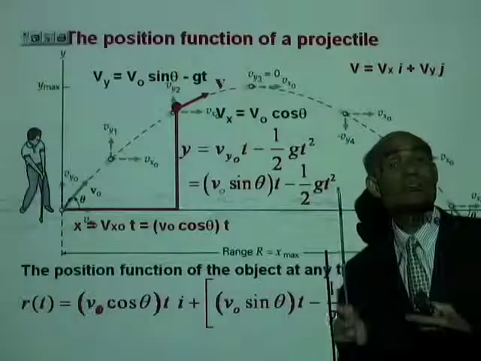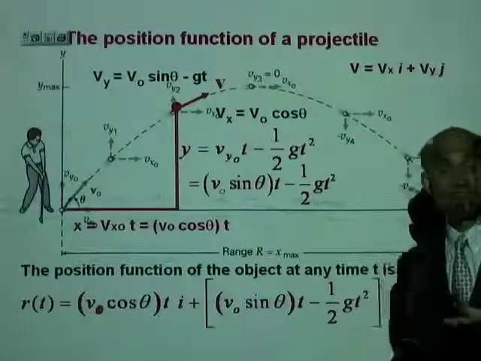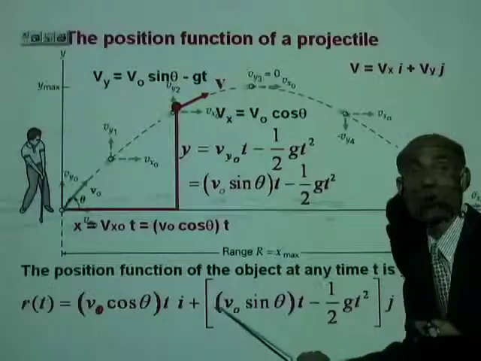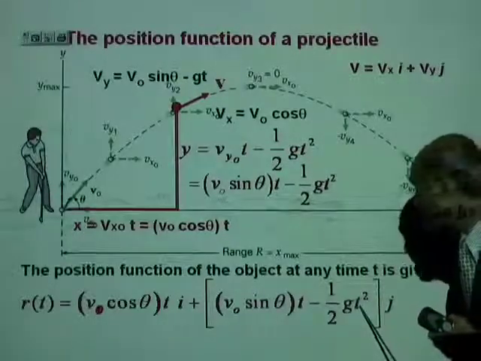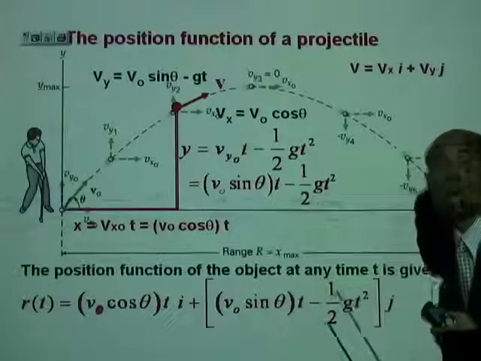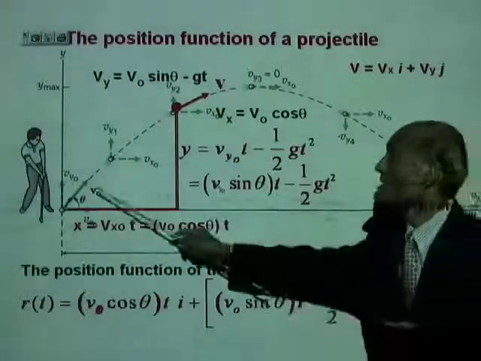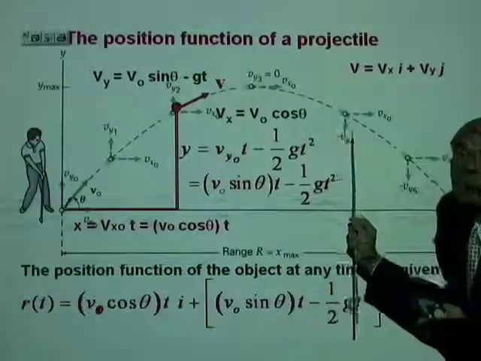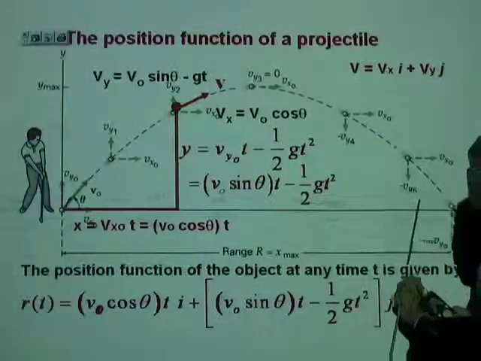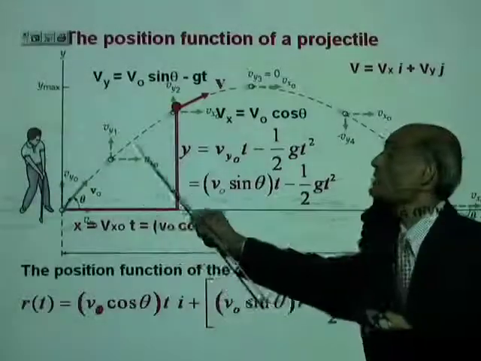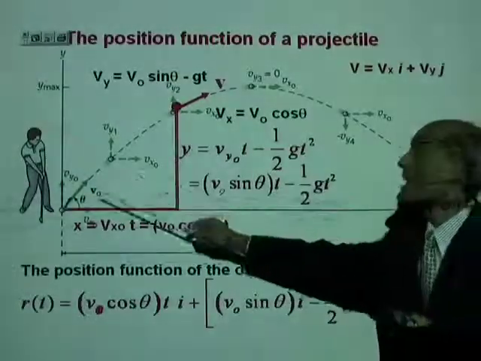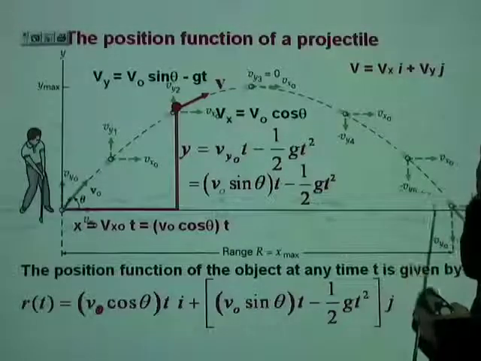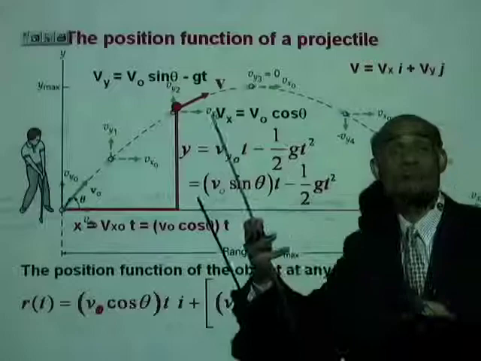y will be 0. So, when this quantity is 0, what can you say about this time? In other words, the time taken for the y displacement to become 0. What can you say about that time? The time taken for the y displacement to be equal to 0 is called the time of flight.